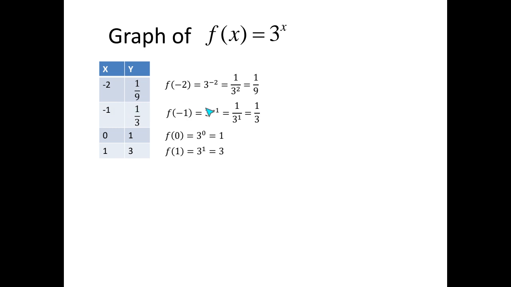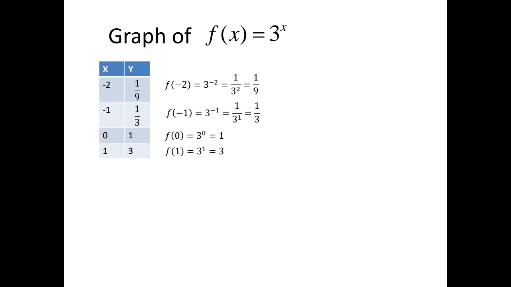If I plug in negative 1, we get 3 to the negative 1, so that becomes 1 divided by 3 to the first power, which is 1/3. And for 0, anything to the 0 power is always going to be 1. And 3 to the first power is going to be 3.